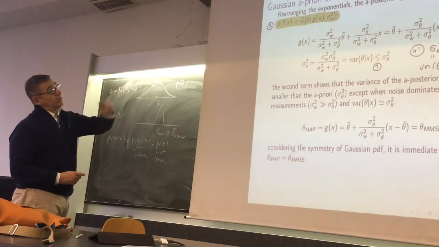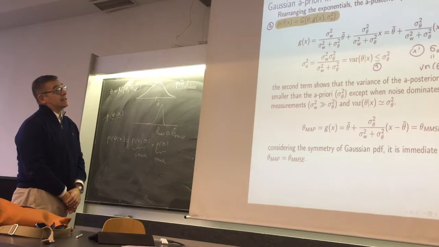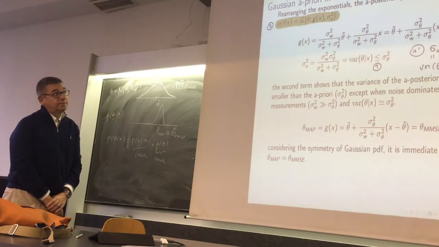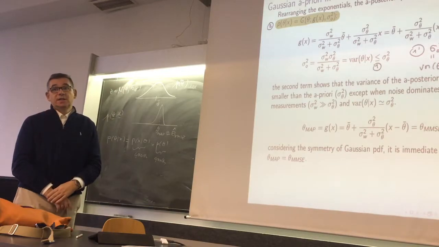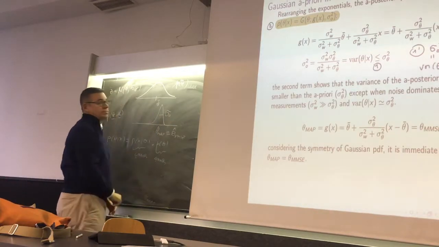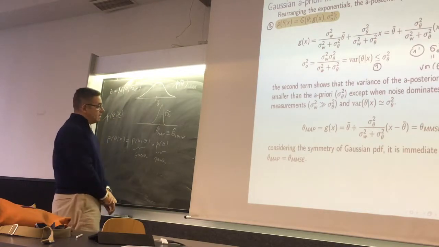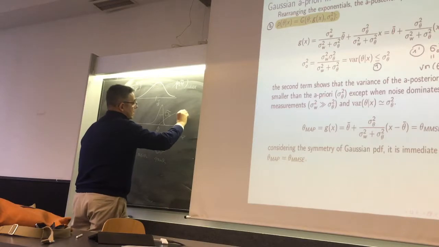So that is exactly what is written there. So the a posteriori probability density is Gaussian in theta, where the mean is Gx, and the dispersion is sigma t. Now the mean, okay, so that one is the mean, Gx.